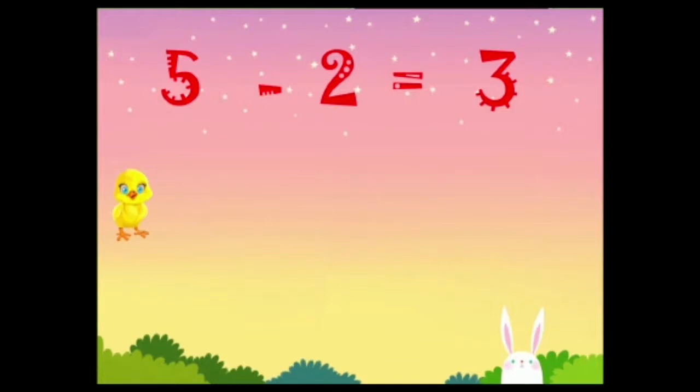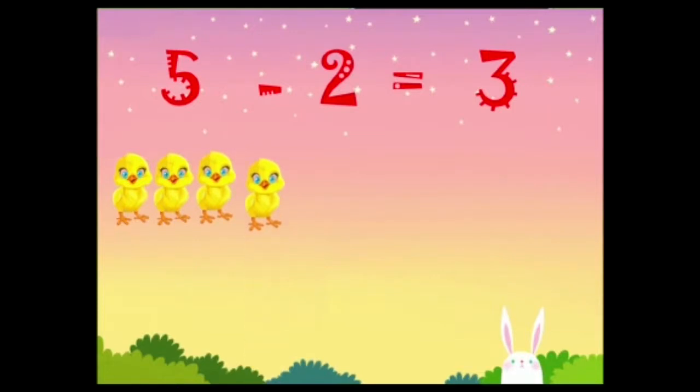You can see some checks here like this. 1, 2, 3, 4 and 5. So there are a total of 5 checks. From these checks, 2 checks have been taken away like this. 1, 2. Do you know how many are left with us?